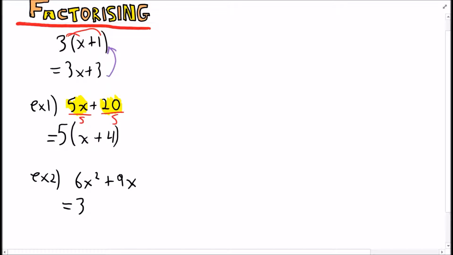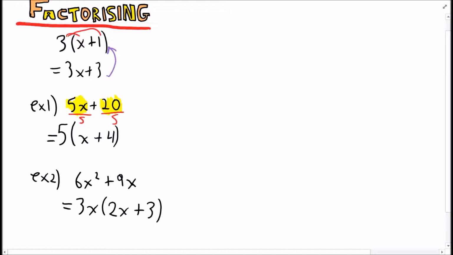And then I look at the letters, what's common to x squared and to x? And the answer is x. So writing the brackets, if I divide 6x squared by 3x, I'm left with 2x, plus I divide 9x by 3x, that would leave me with a 3.